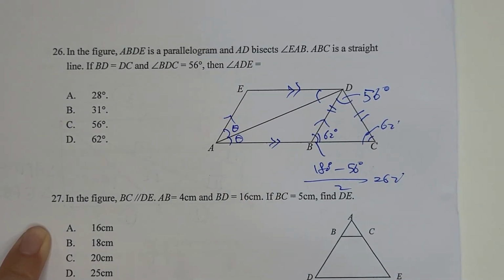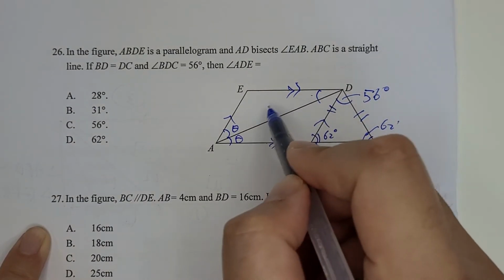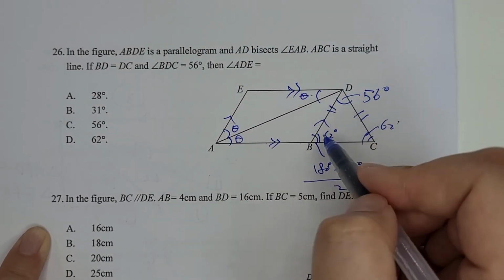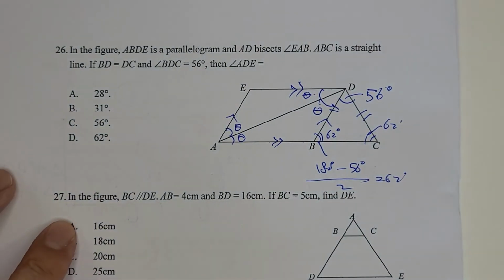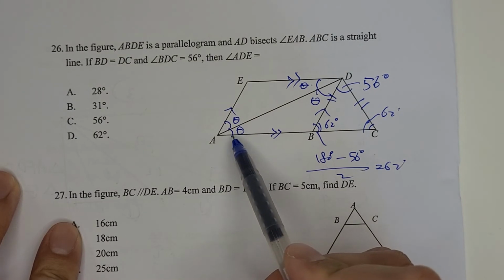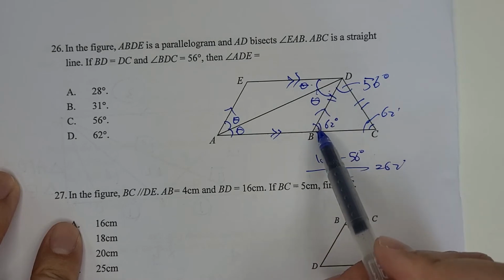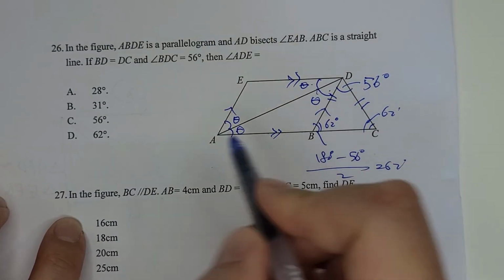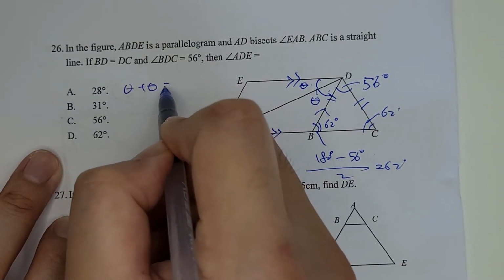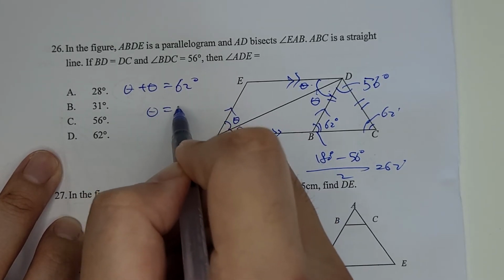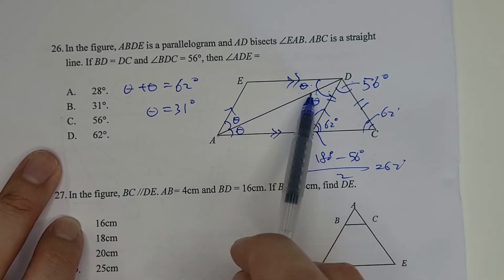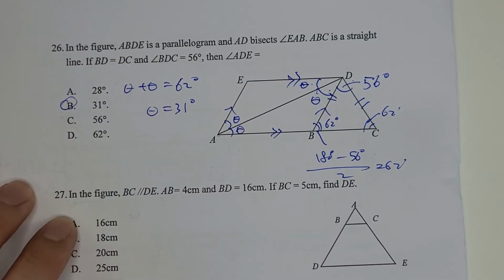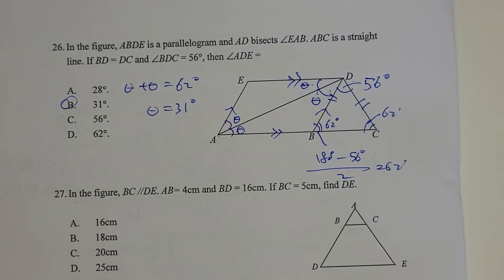Using the concept of parallel lines, this is also theta, and this is a parallel line, this is also theta. So you can see that in this triangle, theta plus theta equals 62. So theta is 31 degrees, and therefore angle ADE, that is theta, so 31 degrees. And that's the end of question number 26.